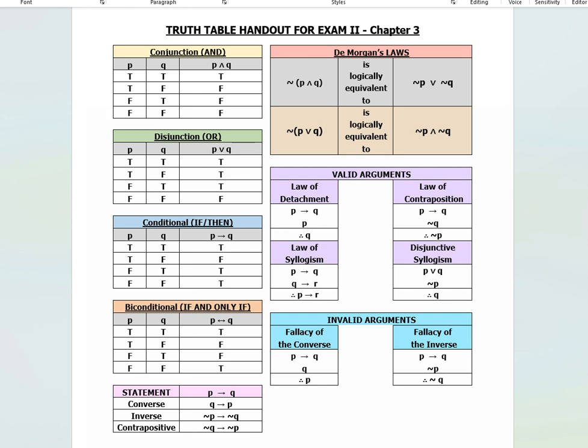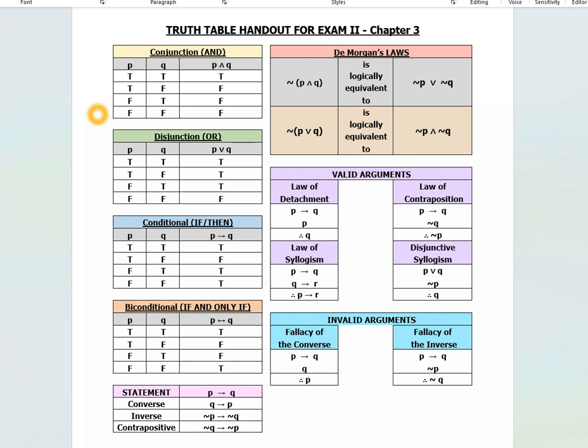So conditional and the conjunction and the disjunction, most of the time common sense tells people how to do those, because the word and means it has to be both.